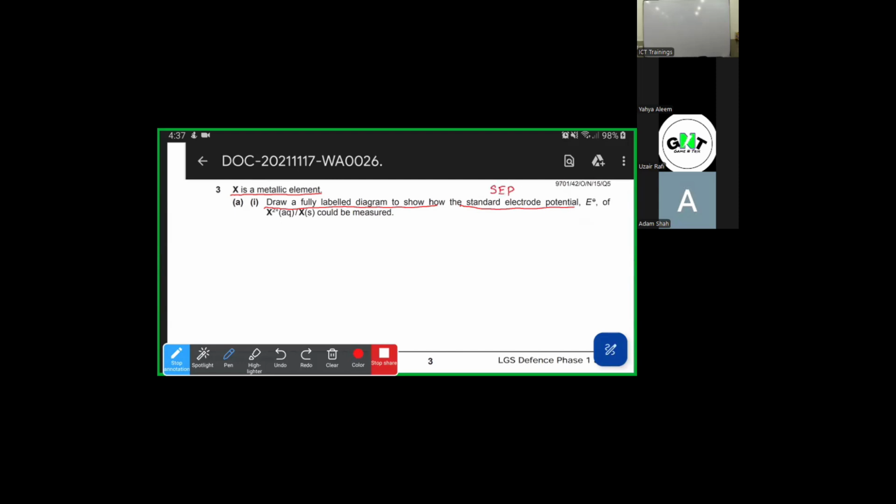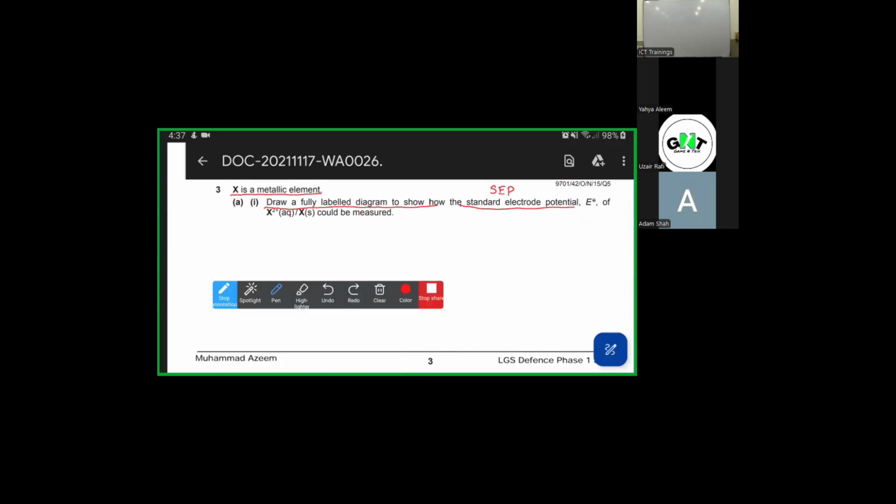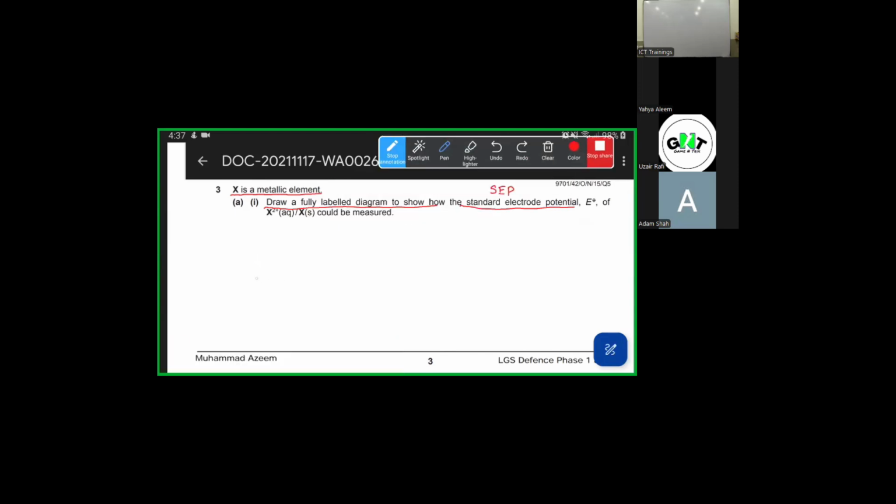And I told you what the standard electrode potential is. At one side you have the standard hydrogen electrode. So you should draw the standard hydrogen electrode like that. Take a beaker, make a tube up here through which you can introduce the hydrogen gas. Hydrogen gas has a pressure of 1 atm, and here the hydrogen ions are present, and the concentration of hydrogen ions is 1 mole per dm cube.